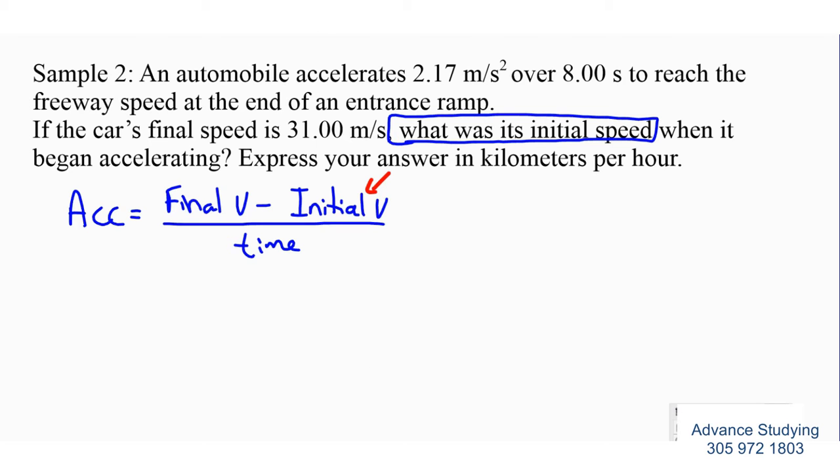So I need to rearrange the equation and make sure that I end up with initial velocity alone. When I do all my calculations, the initial velocity looks as follows. Initial velocity or initial speed equals, and this is where it gets very tricky, and you've got to be very careful on how to manipulate your variables.